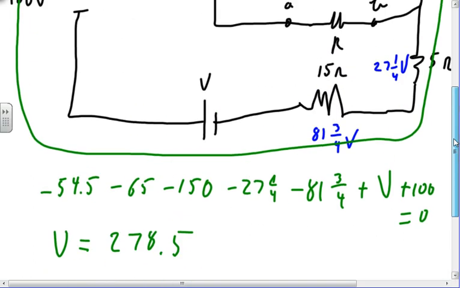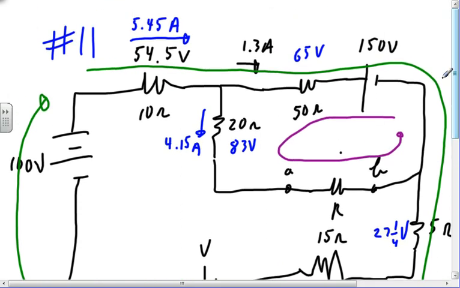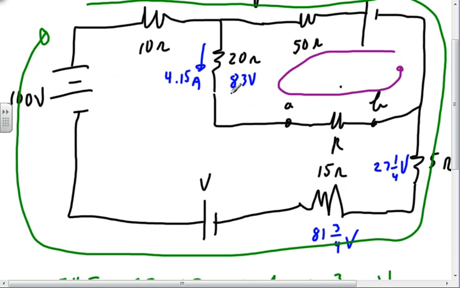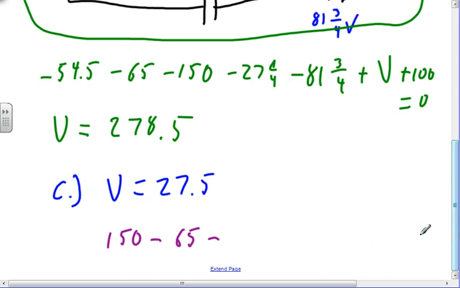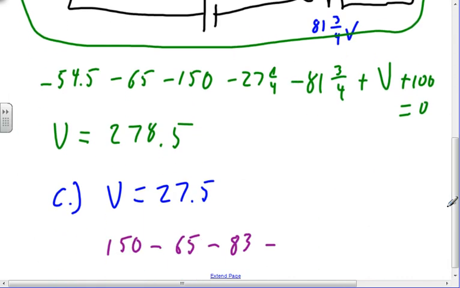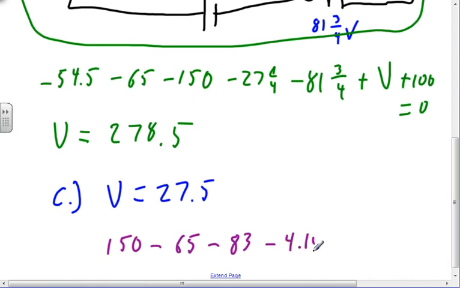I'm going to go down 65, down 83, down. What's the voltage across that guy? 4.15 amps R. 4.15 R. Has to be 0.